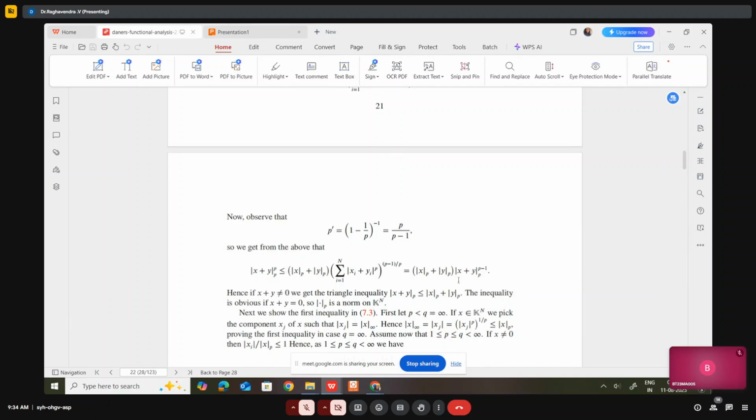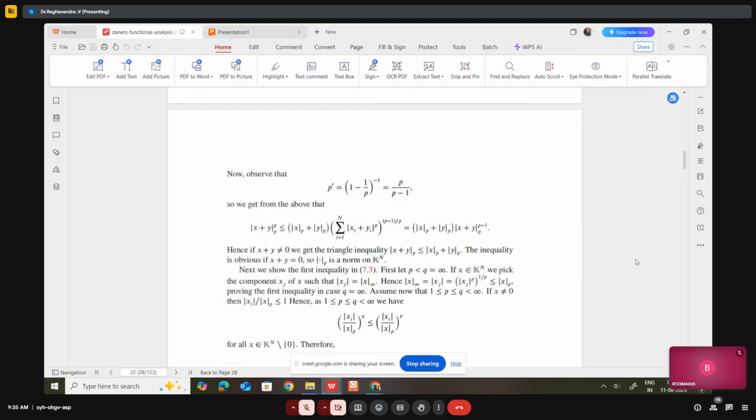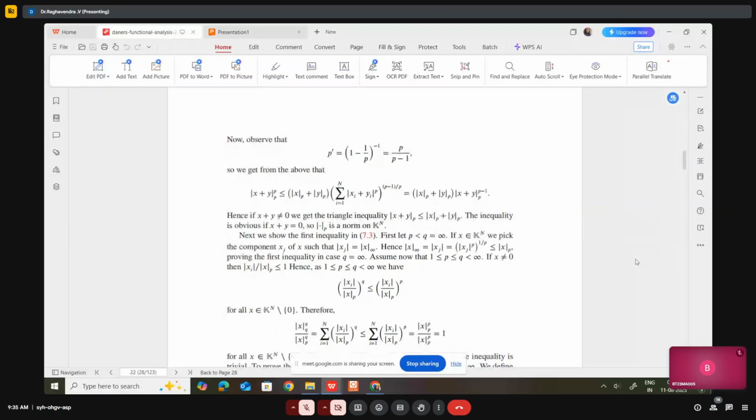Because I have to shift this norm of x plus y raised to p minus 1 to the left side, so I have to divide out by that factor, for which I need x plus y not to be 0. Assume x plus y is not 0, and you get the Holder's inequality. When x plus y is 0, that's an obvious affair. That's not a big thing. So that is the Holder's inequality here.